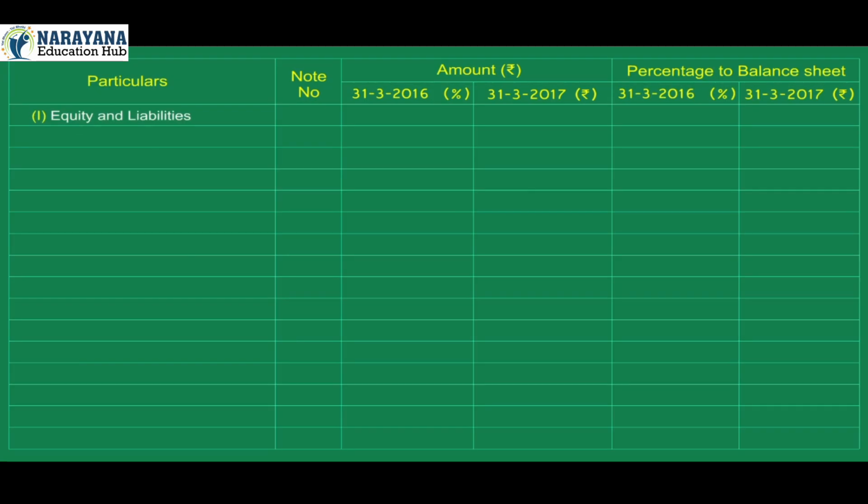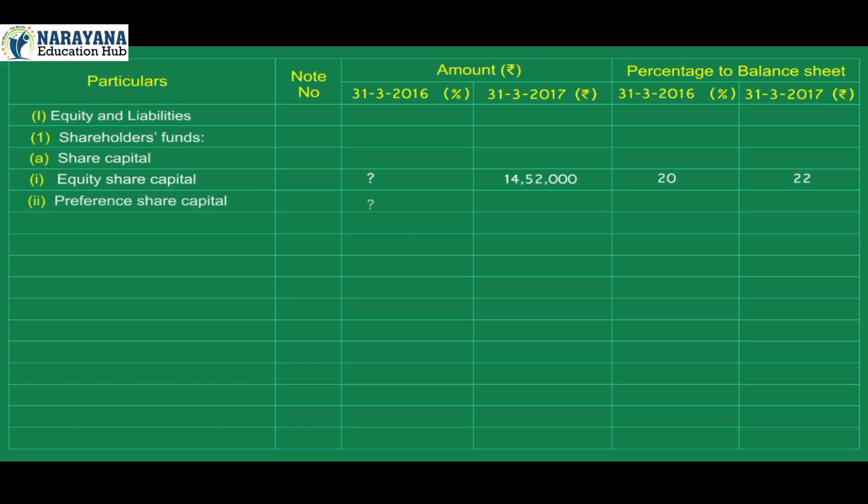Number 1. Equity and liabilities. 1. Shareholders' funds. A. Share capital. 1. Equity share capital, question mark, 14,52,000, 20%, 22%. 2. Preference share capital, question mark, 7,26,000, 10%, 11%.